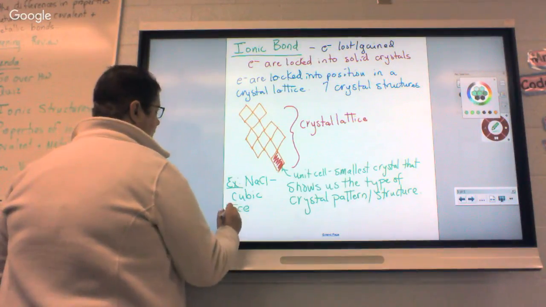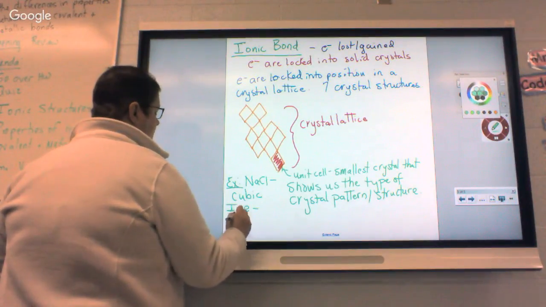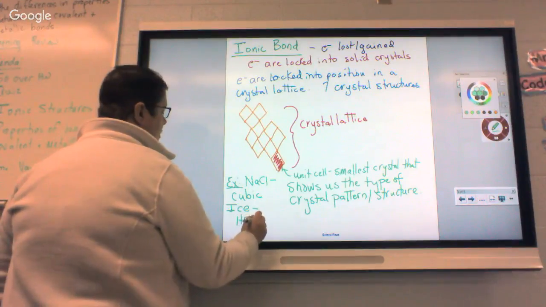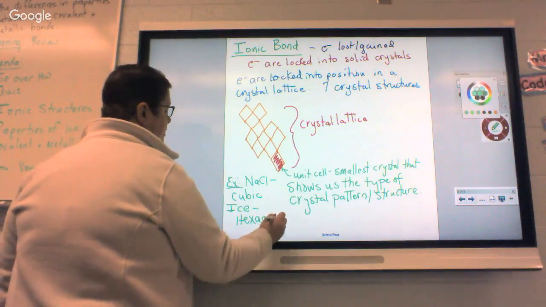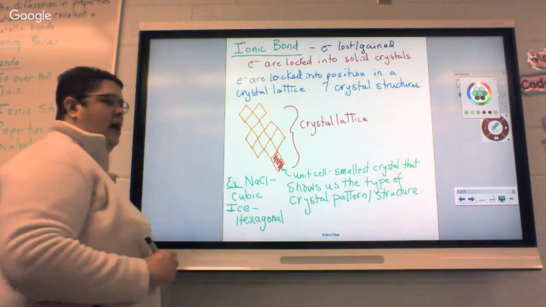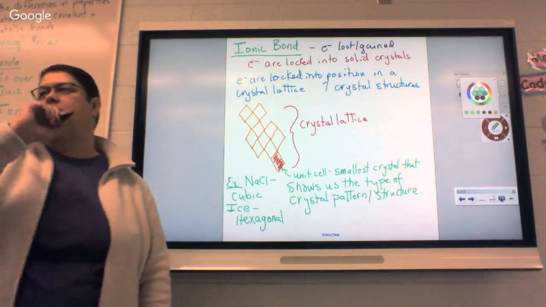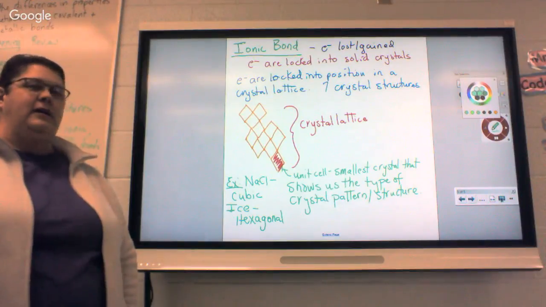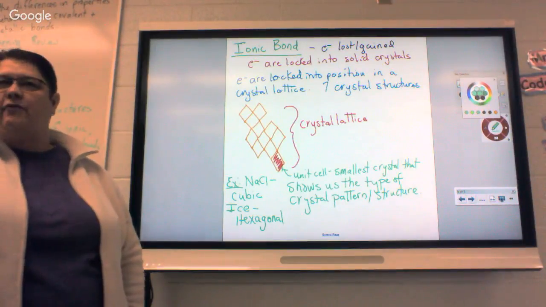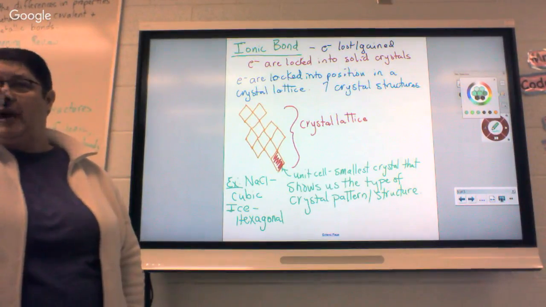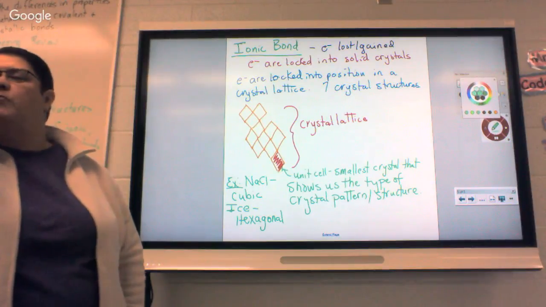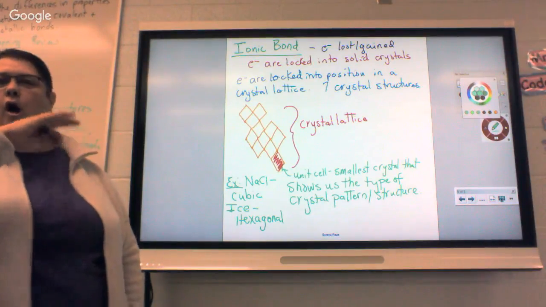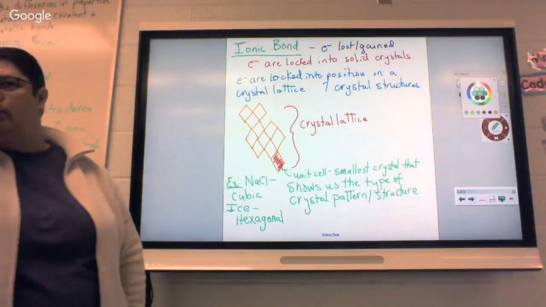Ice is hexagonal, and I will teach you this when we study solids, liquids, and gases also, because this is not all this stuff. We'll talk about why ice is hexagonal down the road. But if ice freezes in a hexagonal pattern, once 1 crystal forms, what do all the crystals do?